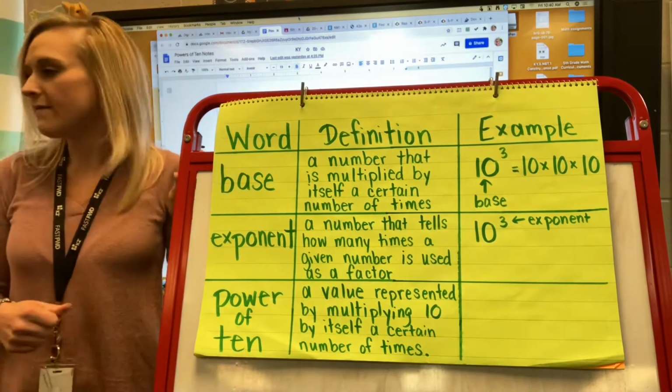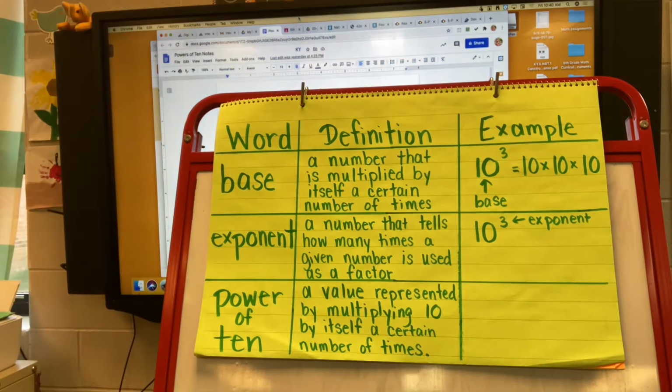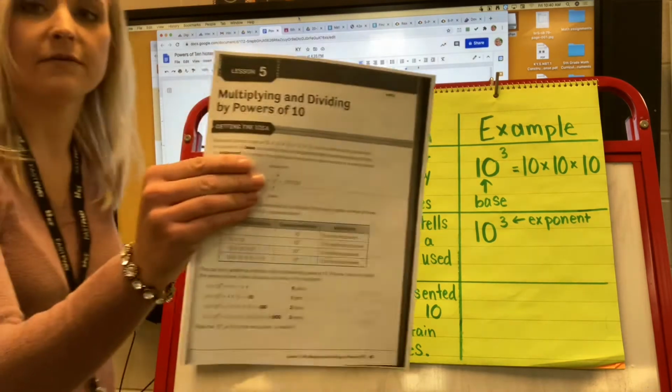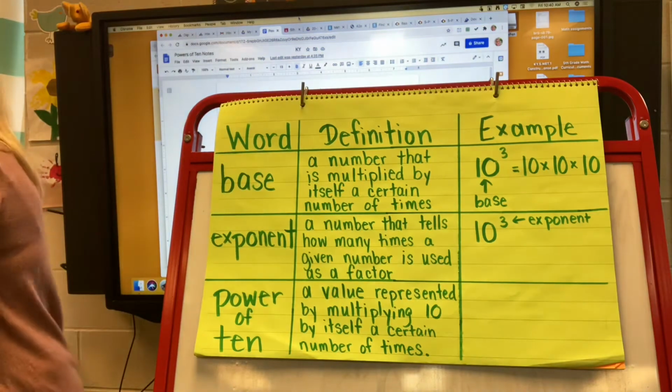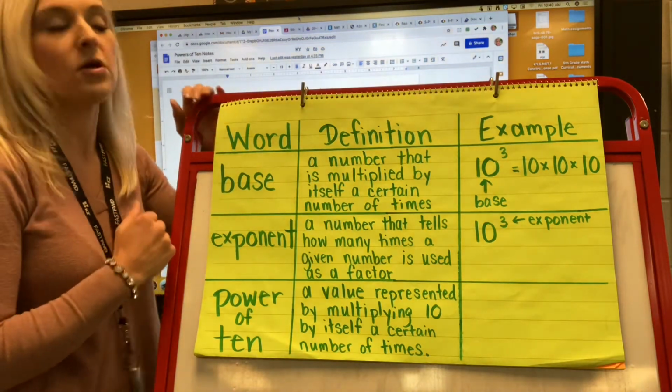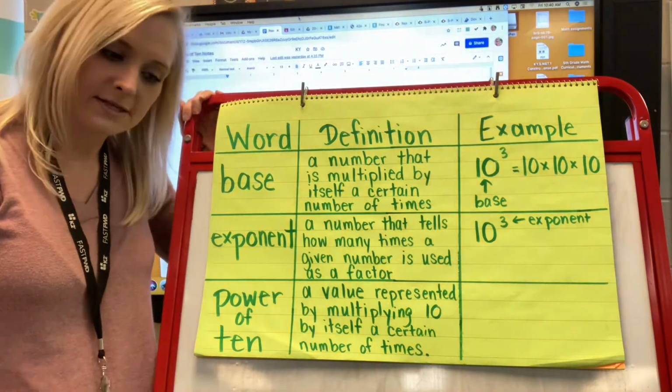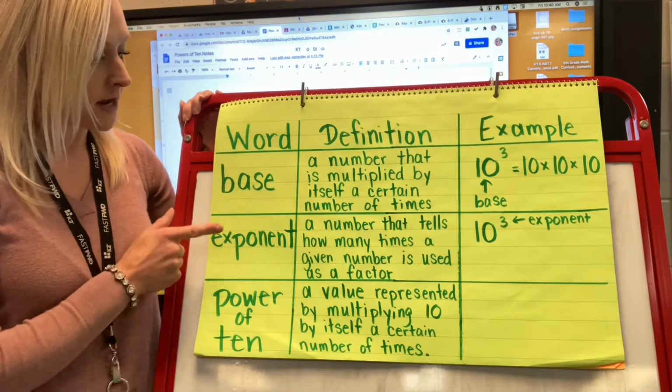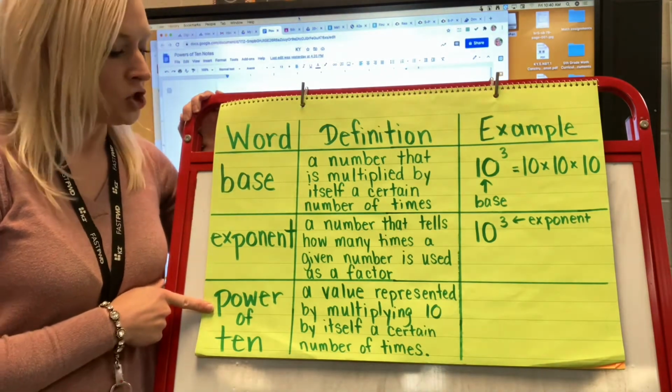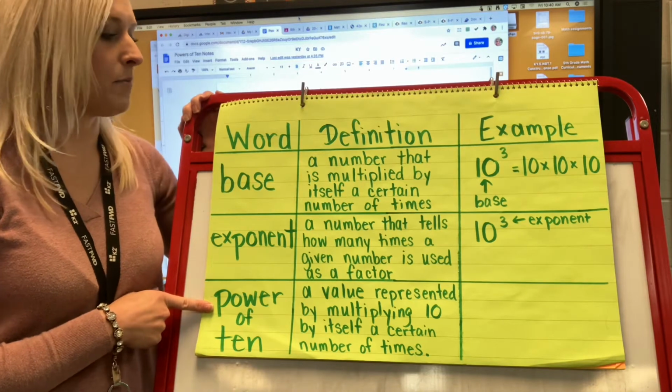Now you also have another packet that has lesson 5 in the front, okay, and that gives you written definitions and examples of base, exponent, and power of 10 in case you need to see that more specifically.